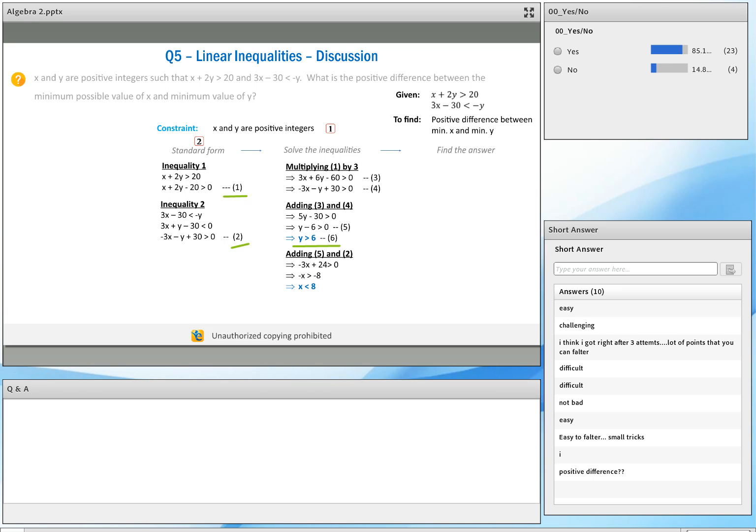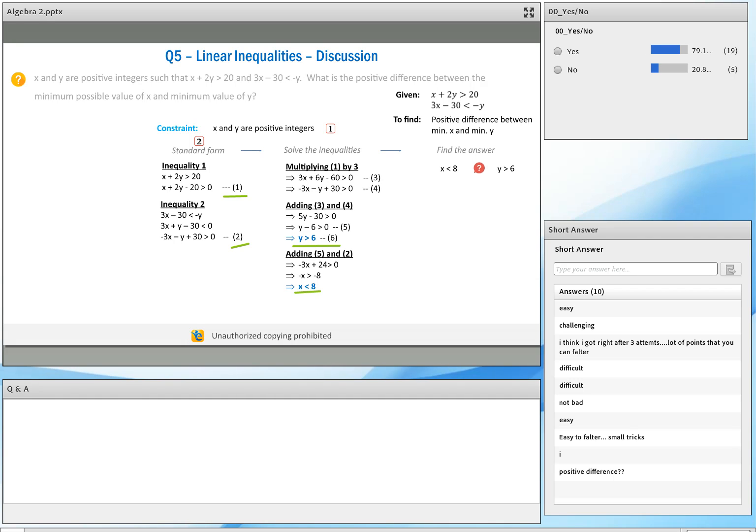Okay, next you then find out the range for x, and you get x is less than 8. How many of you got x is less than 8? Okay, so again, if you couldn't get x is less than 8, then you made a mistake somewhere while solving these two linear inequalities.